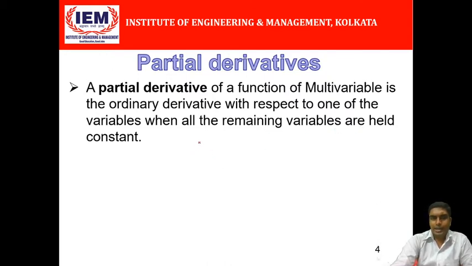What I mean is, suppose you have a function, let's say z equal to f of x, y, and we are differentiating this function with respect to one independent variable, let's say x. Then I should consider the other independent variable y as a constant.